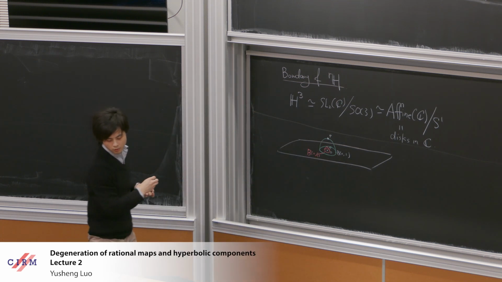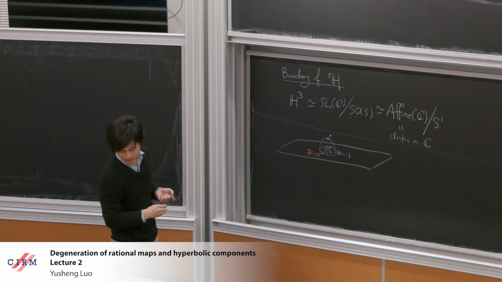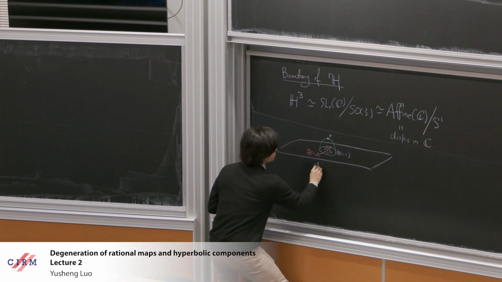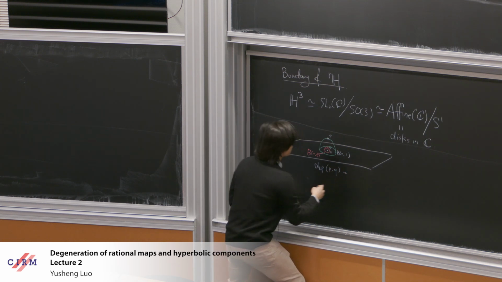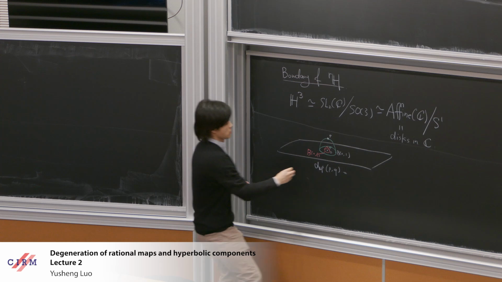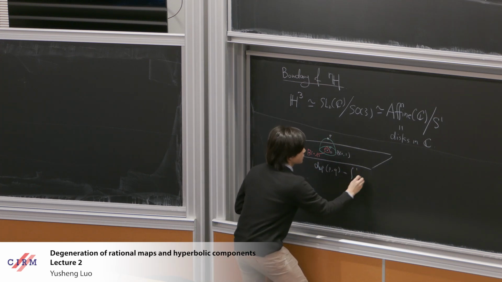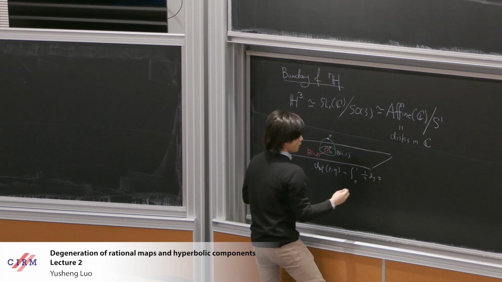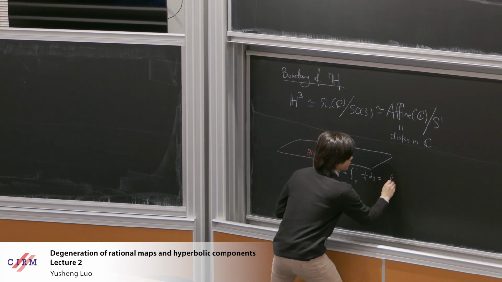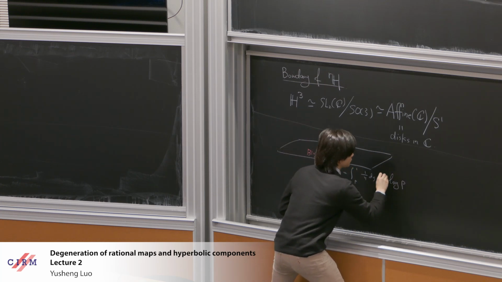Then this hyperbolic distance between P and Q is simply the integral from rho to 1 of 1 over y dy, which is something like a log of rho.